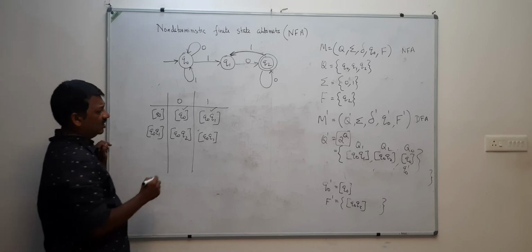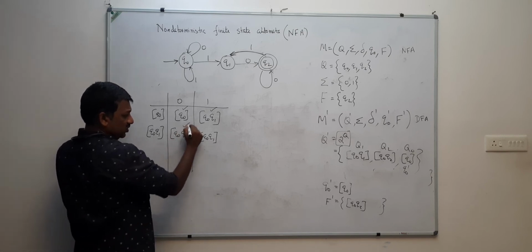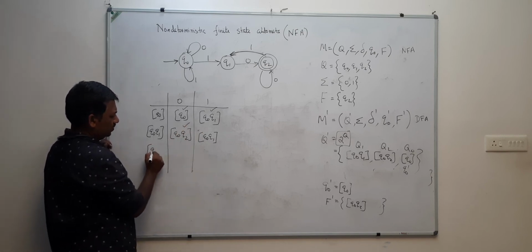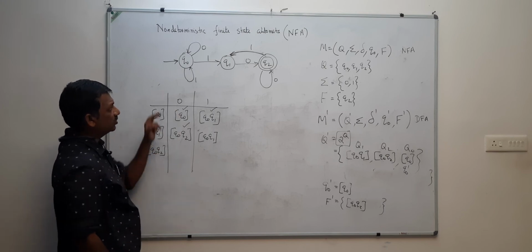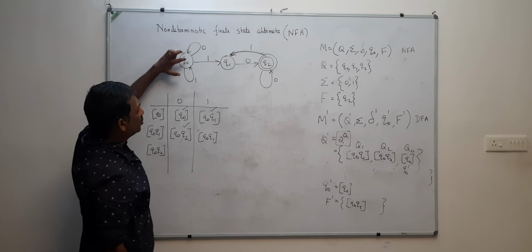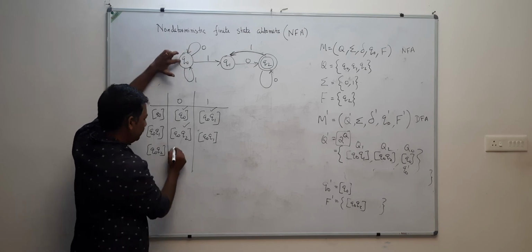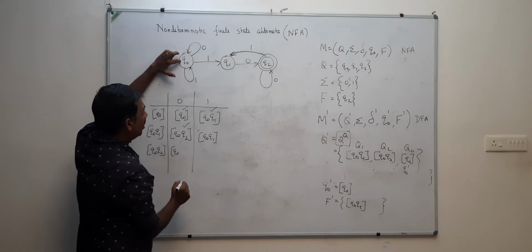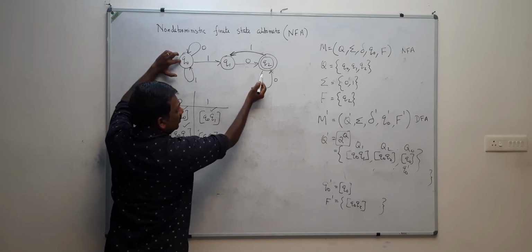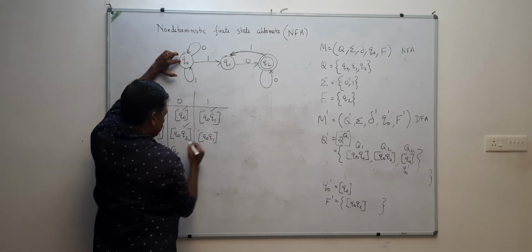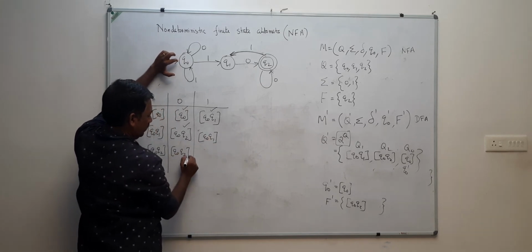Now the transition for {q0, q2} is not defined. {q0, q2} upon reading 0: q0 on 0 is q0, and q2 upon reading 0 stays in the same state q2. That means {q0, q2}.